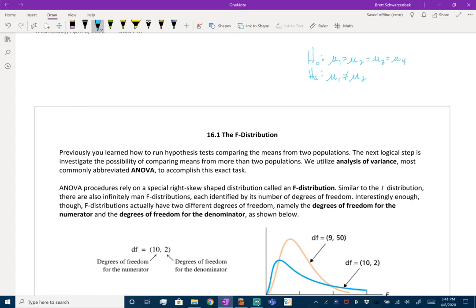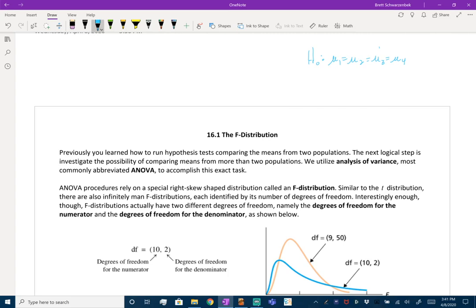If I have that scenario, it's not going to be just as easy as comparing 2 at a time, because can you imagine how much work that would be to run a comparison between mu1 and mu2, mu1 and mu3, mu1 and mu4, and so forth? It's a lot involved. So we wouldn't be doing that.